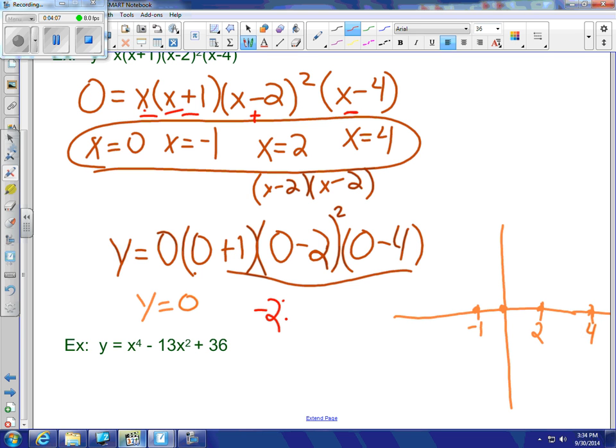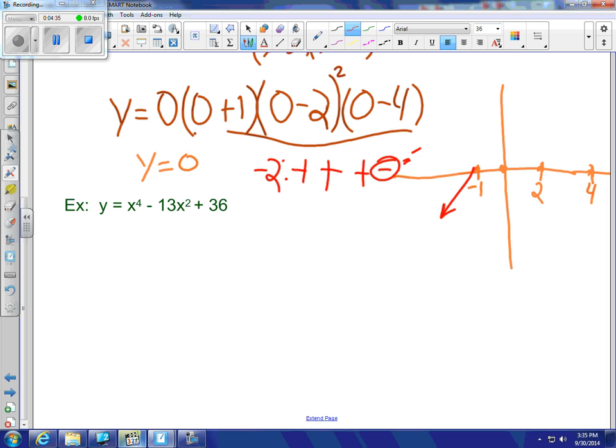And then we have a negative here. So we have negative, negative, positive, negative. 2 negatives turns into a positive. So we have 1 negative. Any positive number times a negative is negative. So this is going to go downward. Okay?